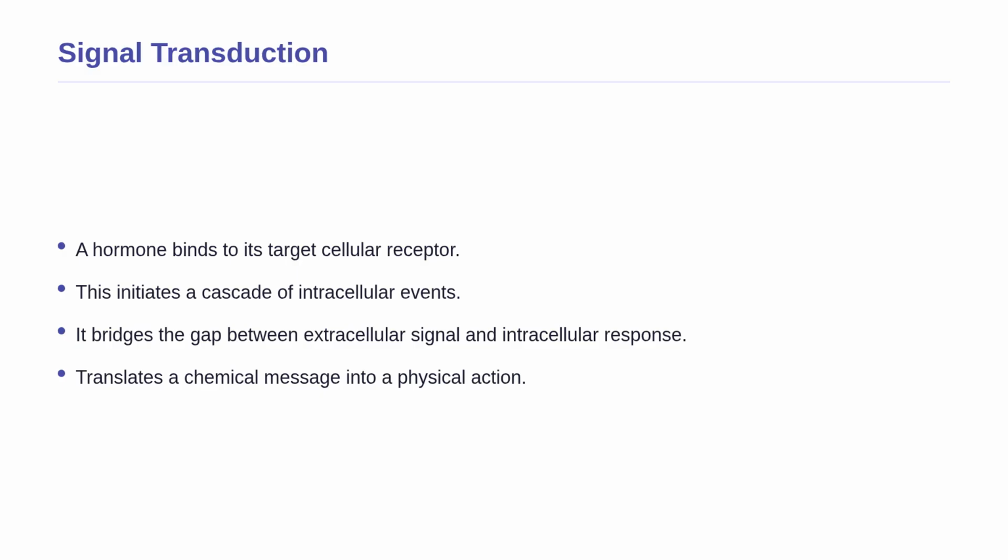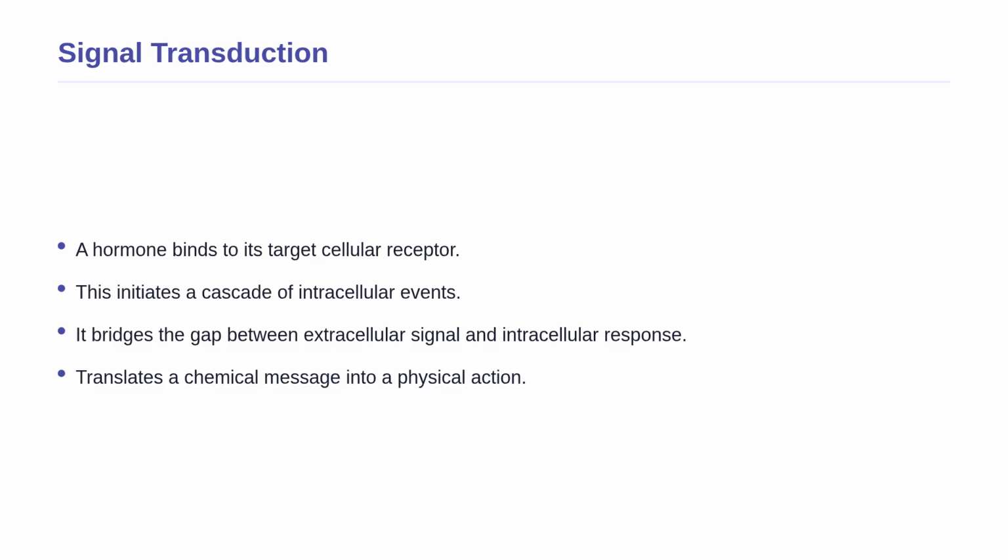Now that we understand what a receptor is, let us look at what happens when a hormone actually finds one. Molecular hormone action refers to the specific biochemical mechanisms by which a hormone molecule binds to its target cellular receptor. This binding initiates a cascade of intracellular events.